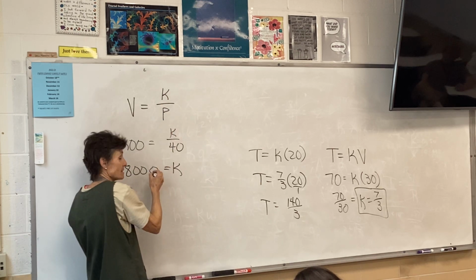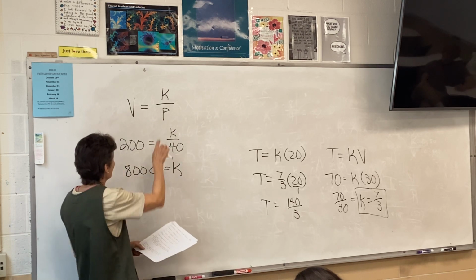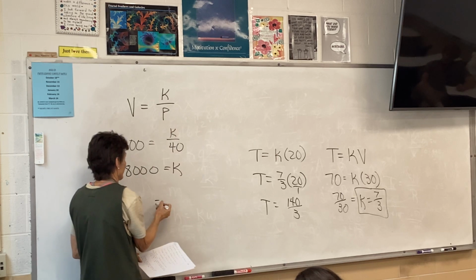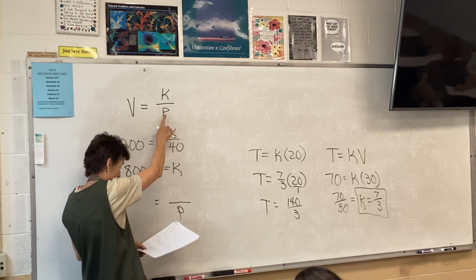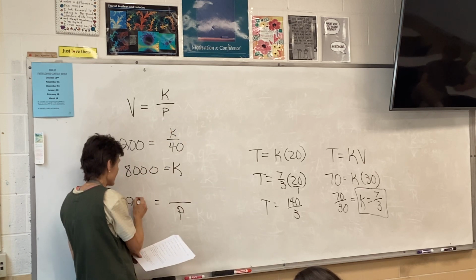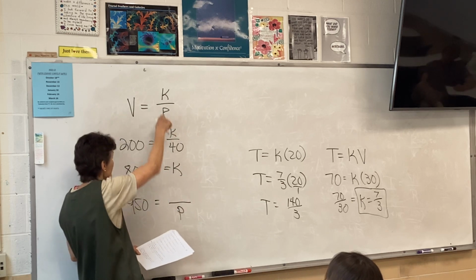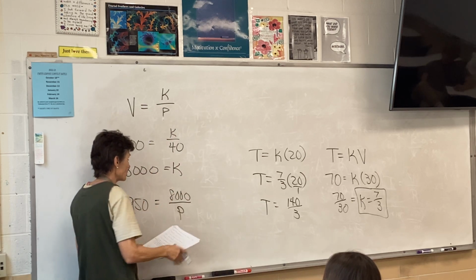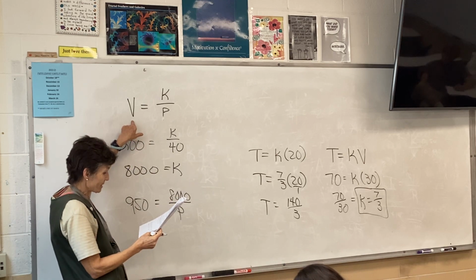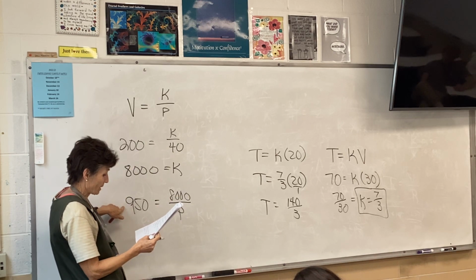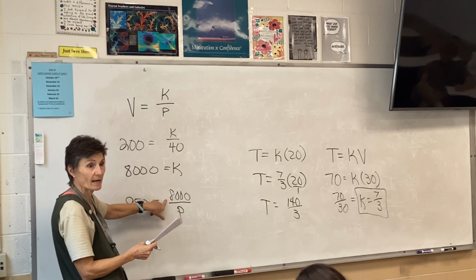So I know what K is now. Find the pressure. I'm finding the pressure when the volume is 950, but I know K is 8,000. Does this equation make sense to everybody? The volume is 950. I don't know what the pressure is, but I know K is 8,000 because I already figured that out.